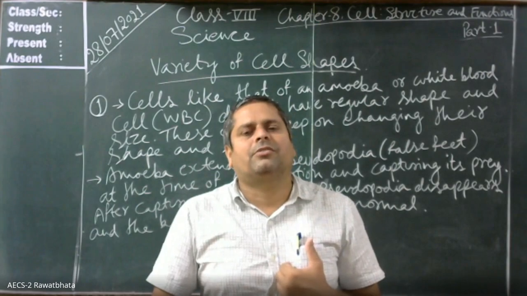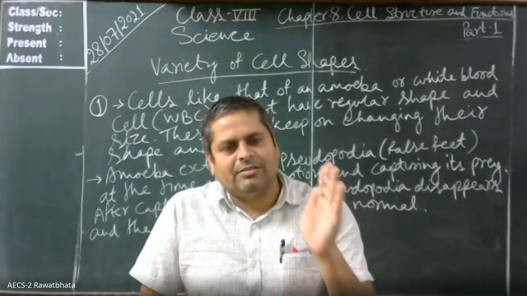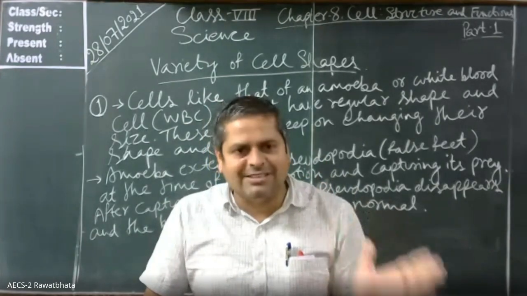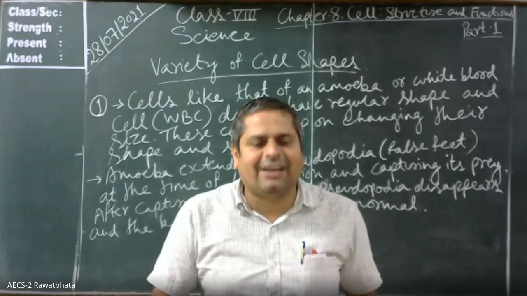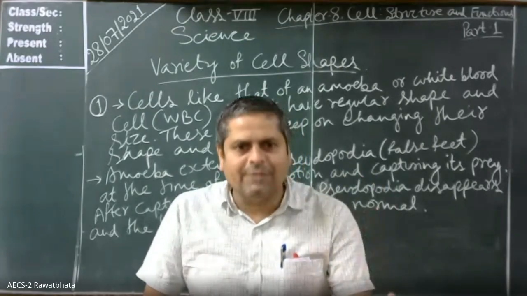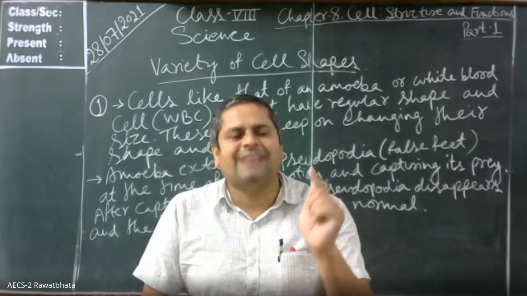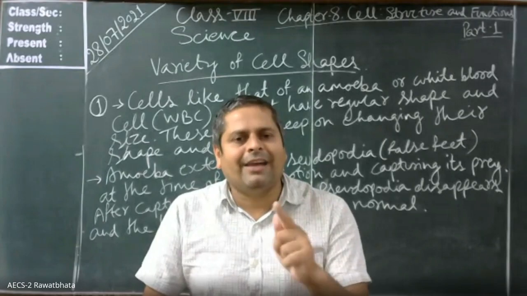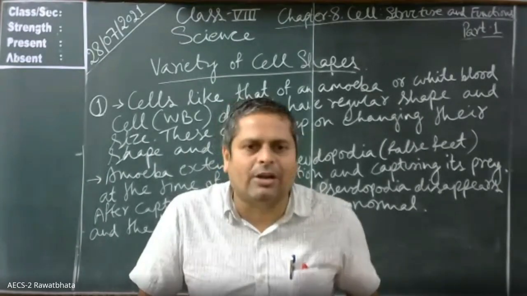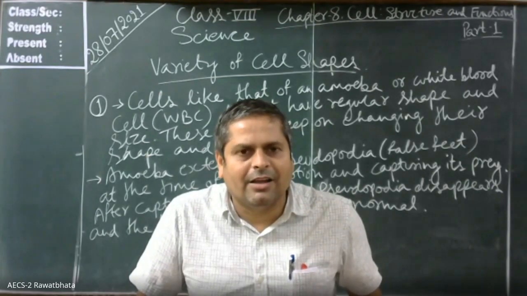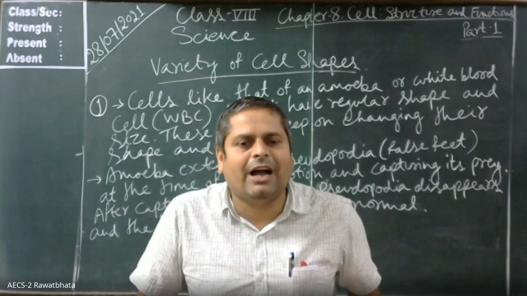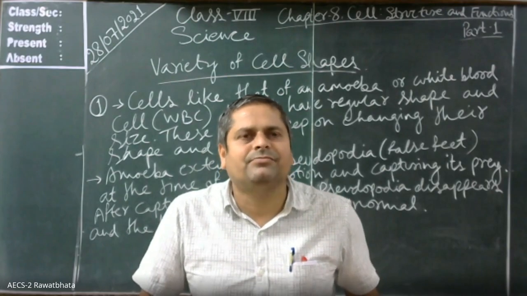Okay, sir. And see, there is a difference between a plant cell and an animal cell. Plant cell has a cell wall, while an animal cell does not have a cell wall. ठीक है? Kushal, is it clear? Yes, sir.